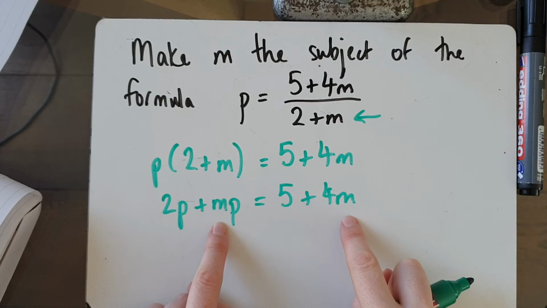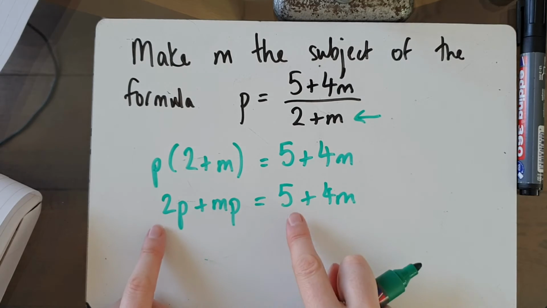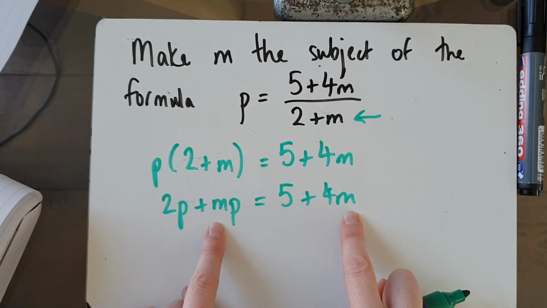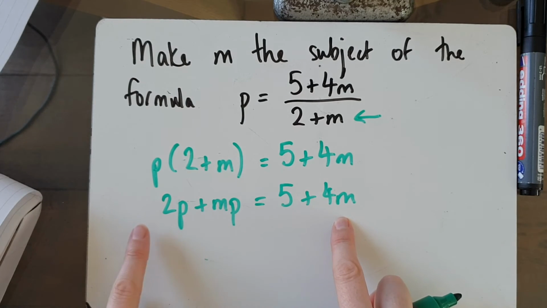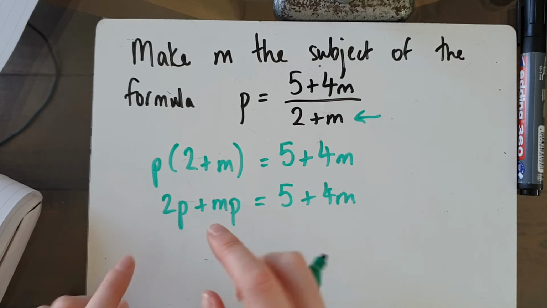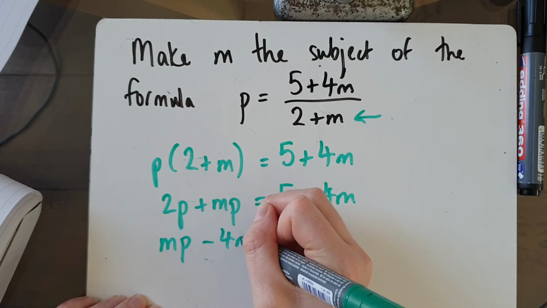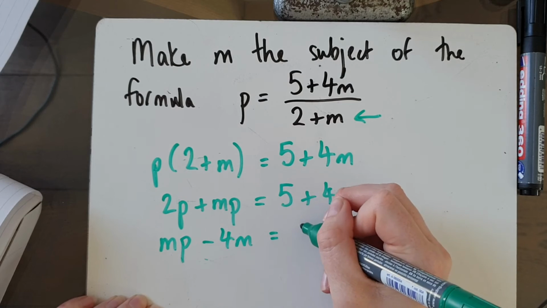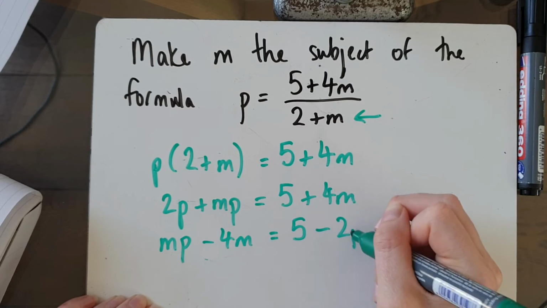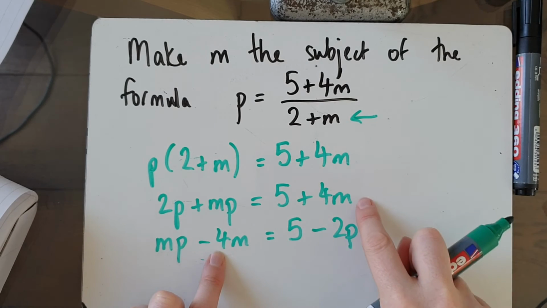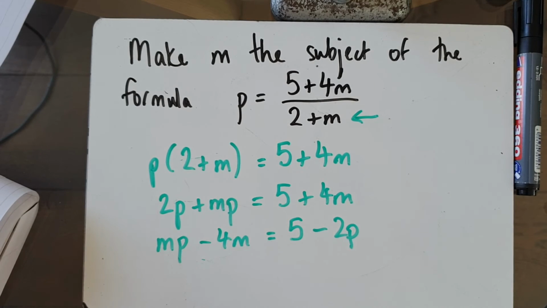I'm going to get all the M's onto this side and anything that's not M onto this side. So I'm going to subtract 4M and I'm going to subtract 2P. So on this side I'll be left with MP minus 4M, and on this side I'll have 5 minus 2P. So I've subtracted 2P from both sides and I've subtracted 4M from both sides.